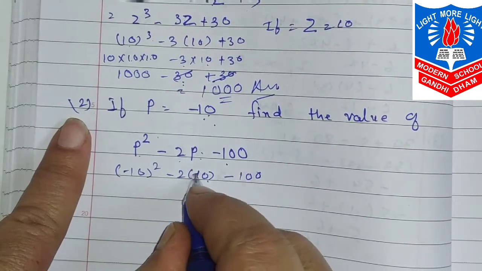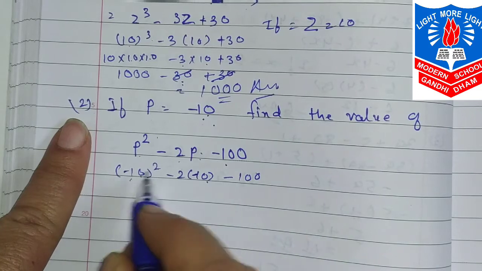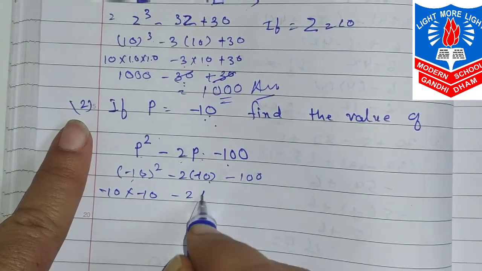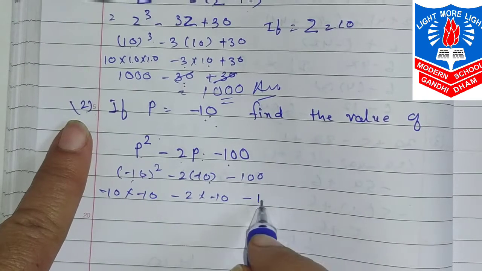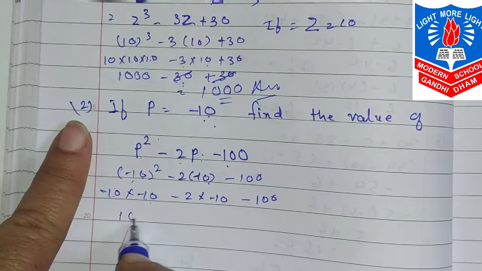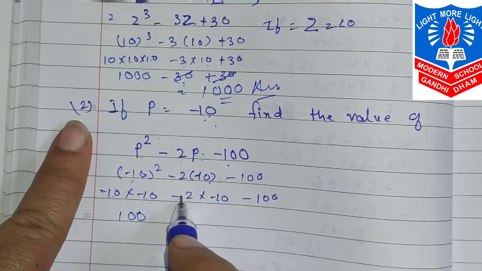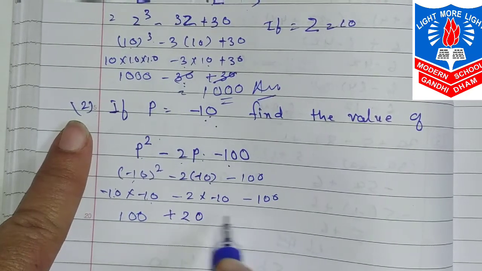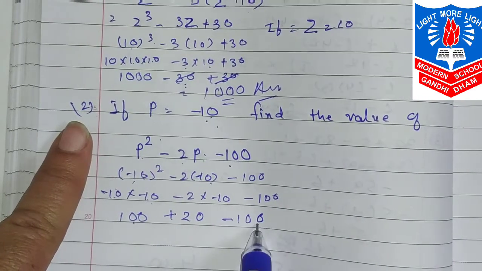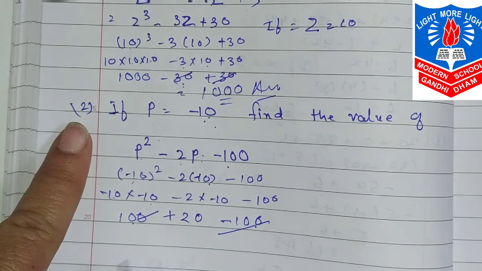Here it is minus 10, so we write minus here too. Minus 10 square is 10 into 10, minus 2 into minus 10, minus 100. So here minus minus is plus 100, here minus minus is plus 20, and here is minus 100. Here plus 100, here minus 100, both are cancelled.